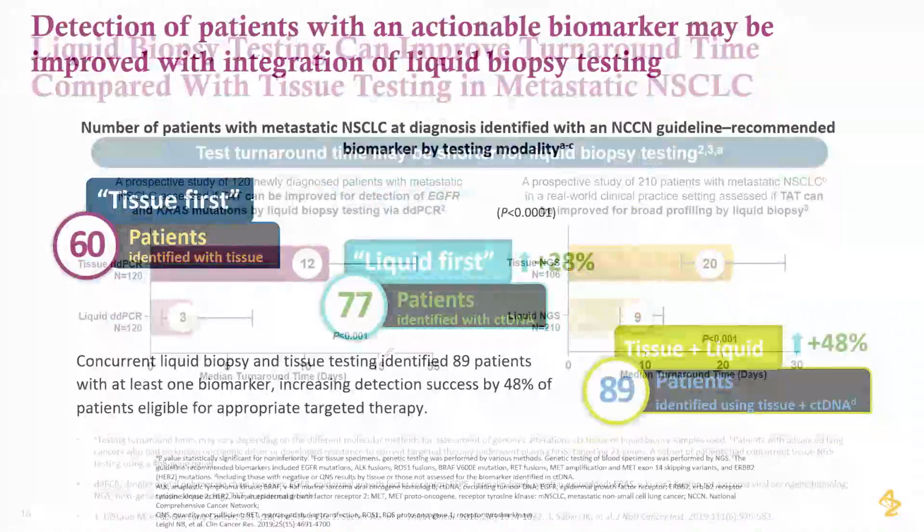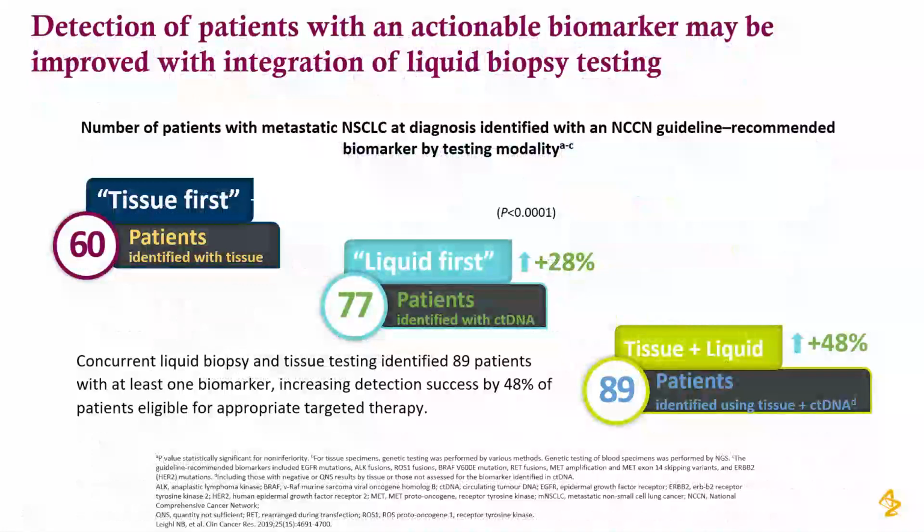Here, basically if you proceed with the tissue first, we are able to detect the targeted biomarker mutations in 60% of patients when you proceed only with tissue biopsy. When you go for liquid biopsy as the first one, there is an increase in the sensitivity because the tumor heterogeneity and the picking up of the mutation markers is somewhat higher in case of liquid biopsy.